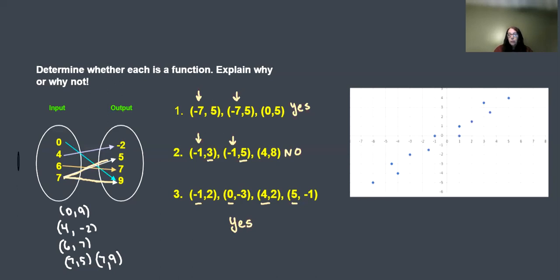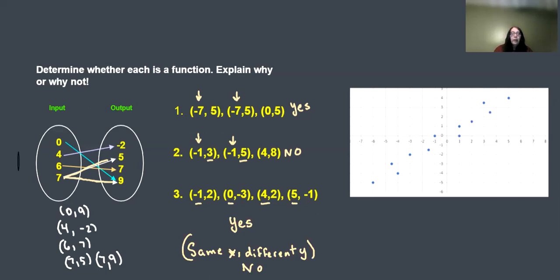Same x, different y, no. Same x with a different y. That's the only time it's going to be a no.